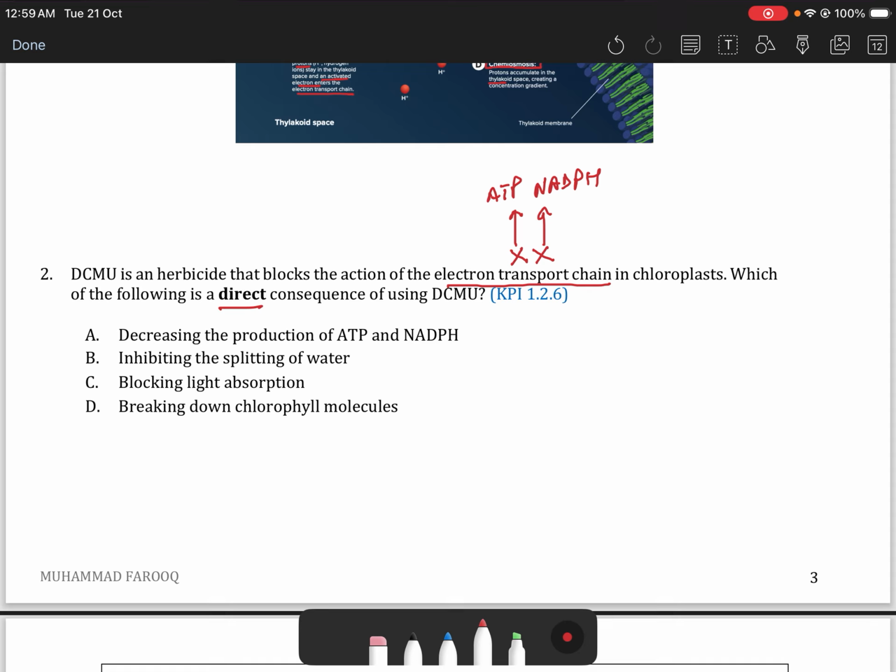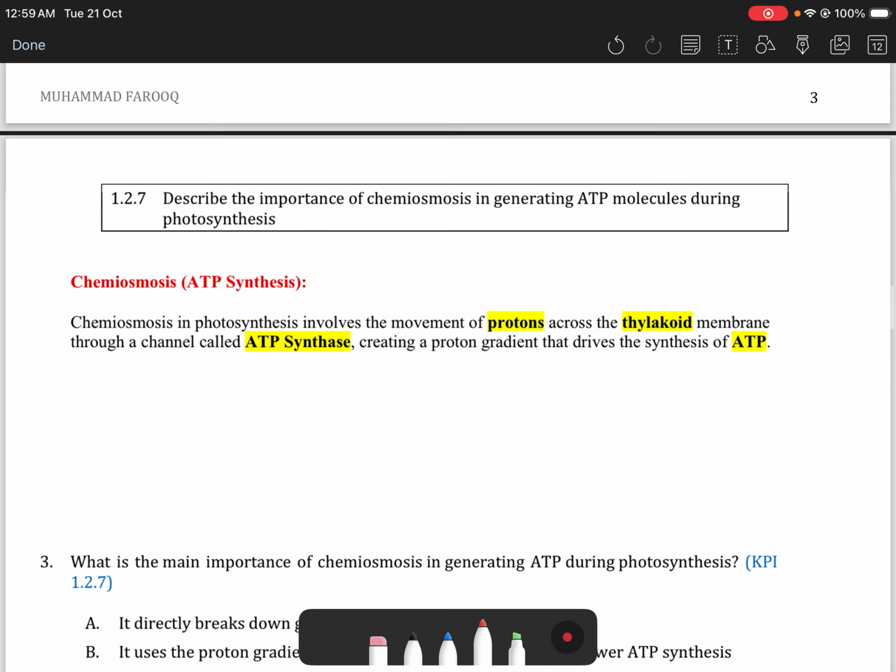Decreasing the production of ATP and NADPH, yes. Inhibiting the splitting of water, no, because this takes place in the PS2 and the electron transport chain comes after PS2. Blocking the light absorption, no, that's not possible. And breaking down the chlorophyll molecules, no. So of course A is the only correct answer.